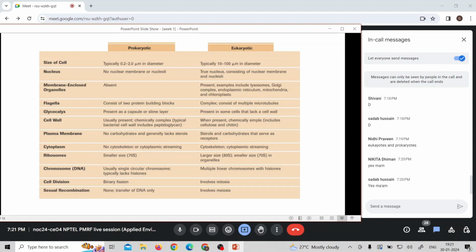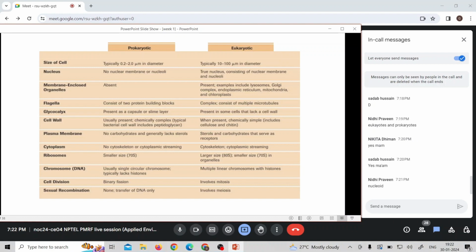Membrane enclosed organelles include lysosomes, Golgi complex, mitochondria, chloroplasts, etc. All these organelles are not present in the prokaryotes. And as listed here, we can see many differences. And as asked in the question, one of the key differences is that the chromosomes of prokaryotes lack histones.